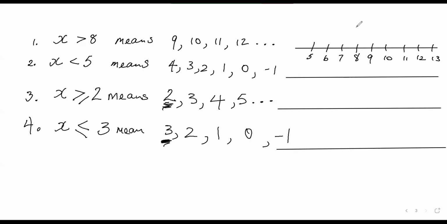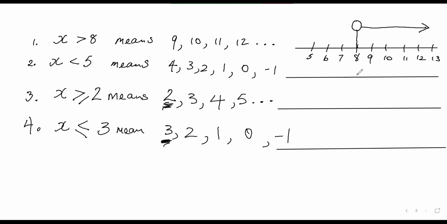So if x is greater than 8, I have to start at 8. But when I start at 8, I am not including 8. So the circle remains open. All right. Now let's go for 5.